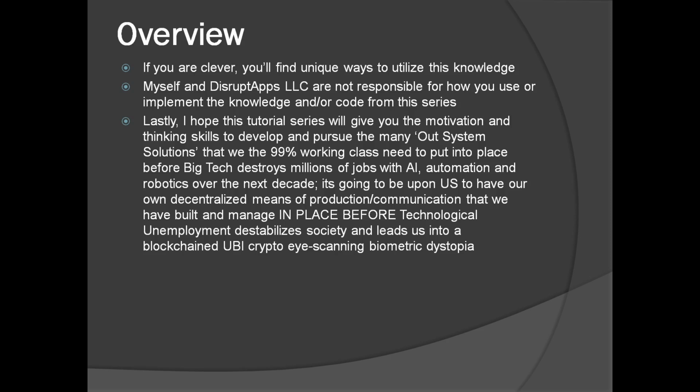It's going to be upon us to have our own decentralized means of production and communication that we have built and manage in place before technological unemployment destabilizes society and leads us into a blockchain, UBI, crypto, eye scanning, biometric dystopia. I know that's kind of out there, but that's just the way I feel society is going.